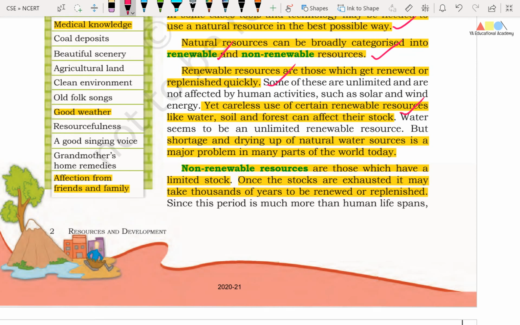But careless use of certain renewable resources like water, soil and forest can affect their stock. So this thing also we know very well, because of the uncontrollable, excessive use of these resources, they are becoming scarce day by day. Right friends? Shortage and drying up of natural water resources is a major problem in many parts of the world today.